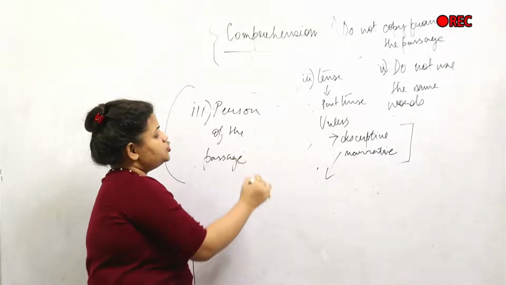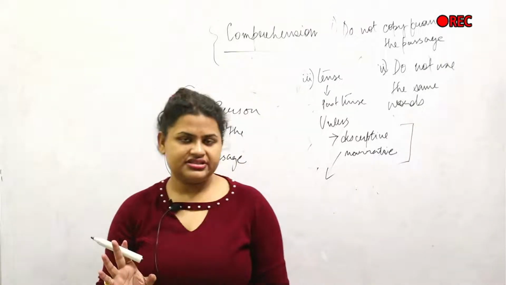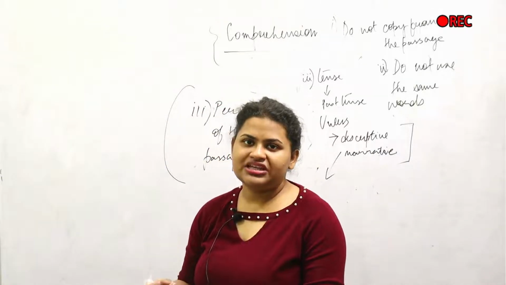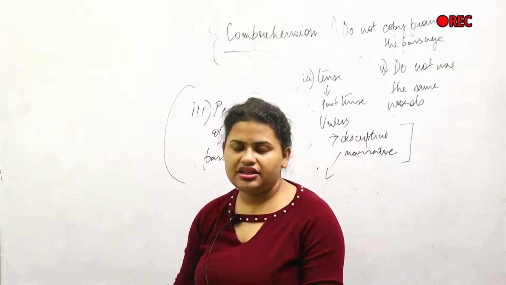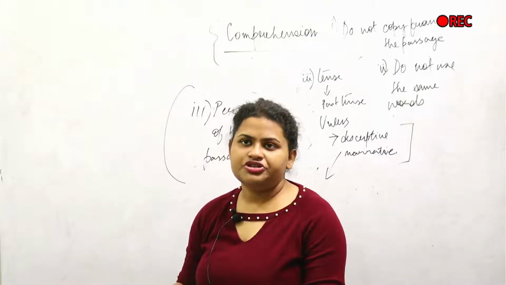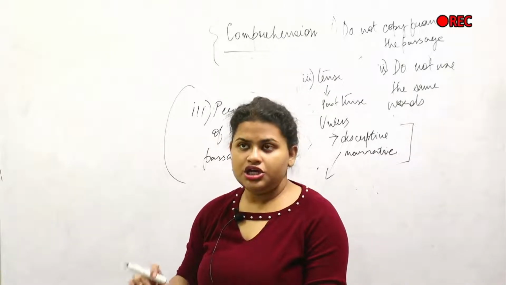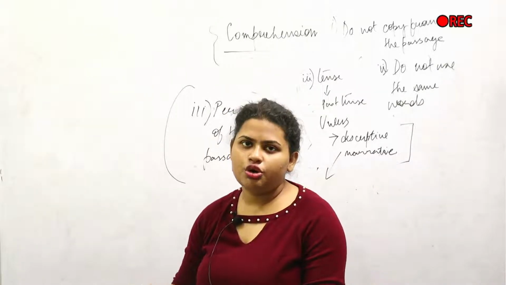Remember, there can be a first person narrative where the passage is being narrated as I did this, I did that. The second person is you, which is very rare, which will almost not occur. It will either be in third person mostly, or the first person.